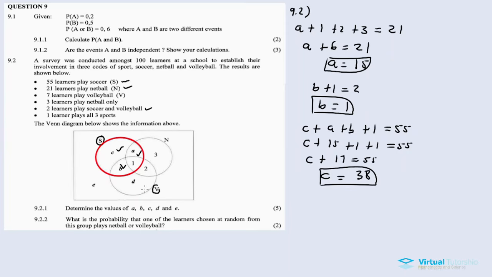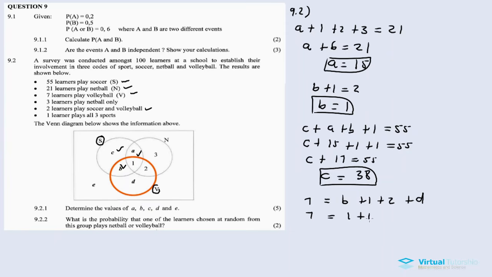So we have C. Now we can calculate D. We can calculate D. So for D, we use this part of the Venn diagram. So D is equal to volleyball. Okay, 7 learners play in volleyball. So 7 is equal to B plus 1 plus 2 plus D. 7 is equal to, what's the value for B?